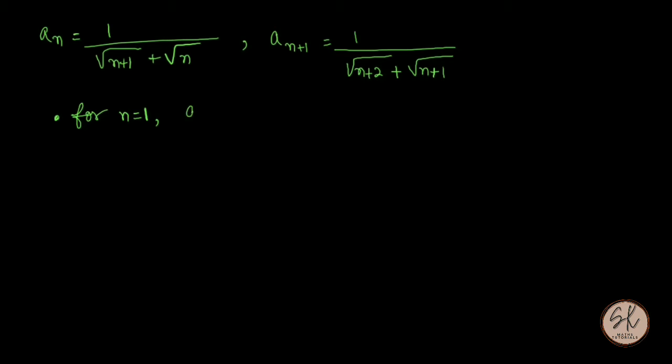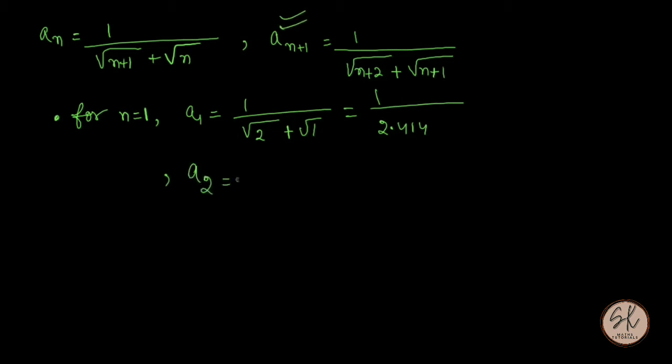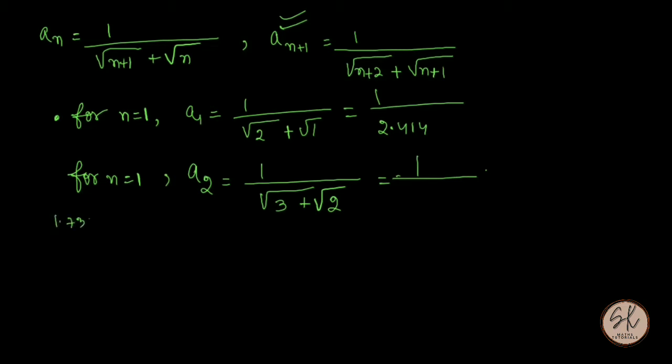Then a1 is 1/(√2 + √1), which is 1/2.414, because the value of √2 is 1.414. And a2, for n equal to 1 in a_(n+1), is 1/(√3 + √2). The value of √3 is 1.732 and √2 is 1.414, so this is 1/3.146.